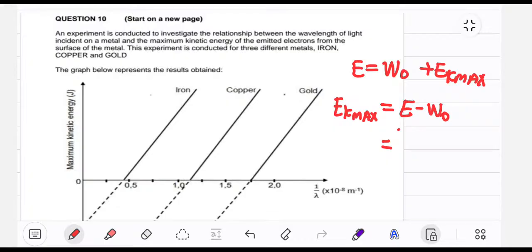So I would change this to say it's HC over lambda minus W naught, and then I'm having EK max.